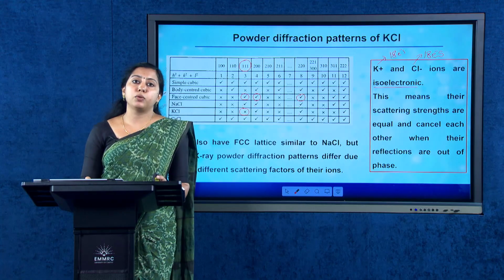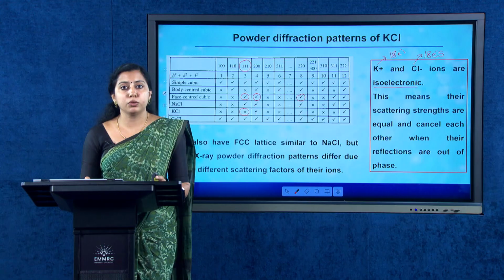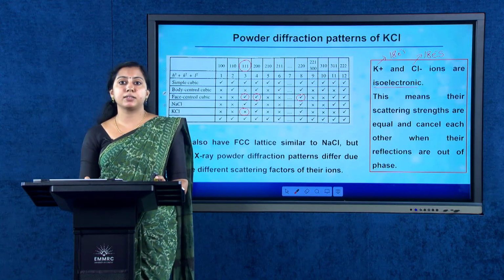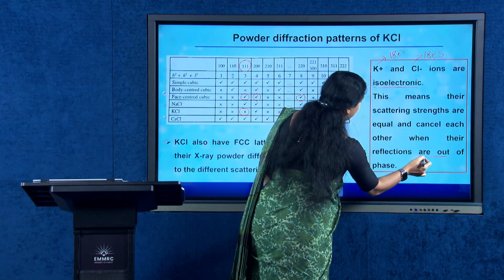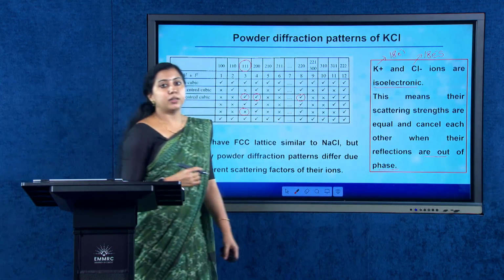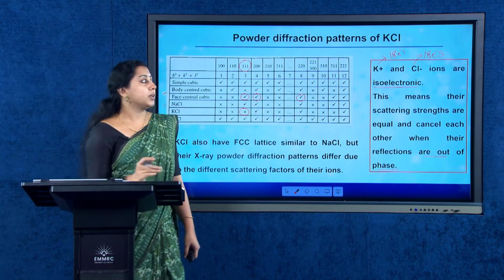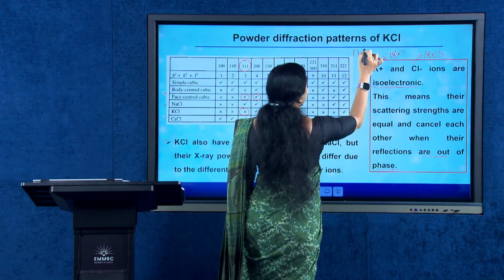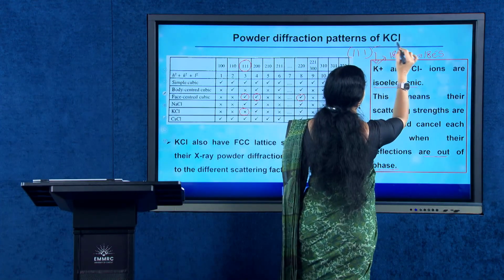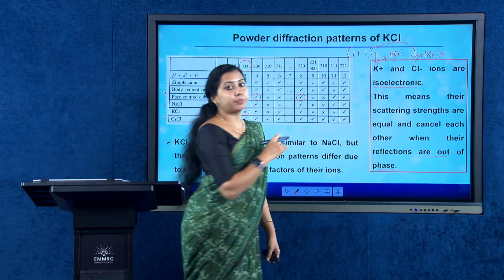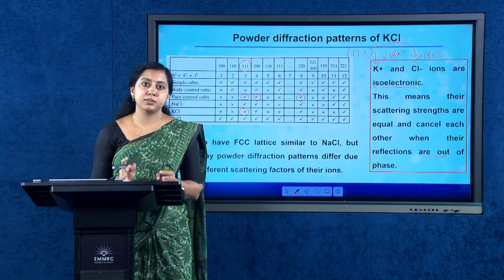So, if two atoms have the same number of electrons, their scattering strengths are also equal. So, when the scattering strengths are equal, they cancel each other when their reflections are out of phase. Okay. So, here what happens is the reflections from the 1, 1, 1 planes of K plus and the reflections from the 1, 1, 1 planes of Cl minus cancel out each other because they have the same scattering strength.